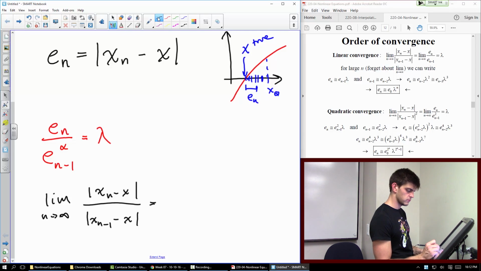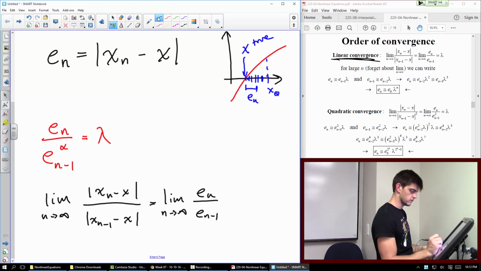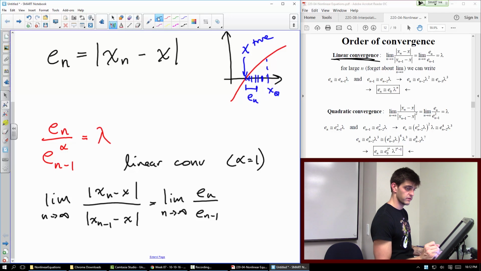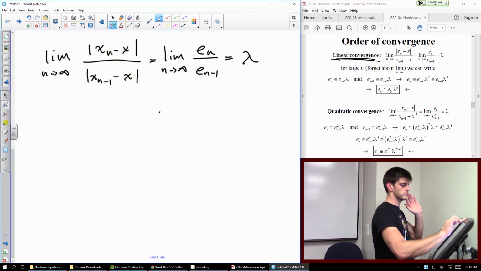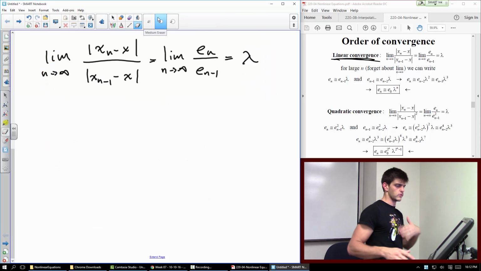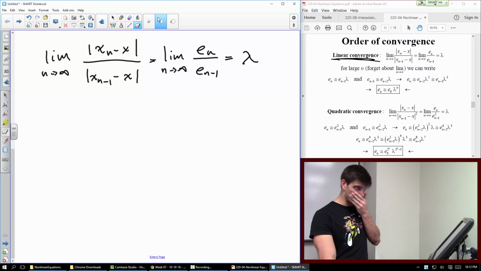That equals the limit as n goes to infinity of e sub n over e sub n minus 1. By the way, sorry, this is for linear convergence, which means that alpha is equal to 1. This equals lambda. All that this is saying is that as you go farther and farther and do more and more steps, eventually the ratio between those errors is going to approach lambda.